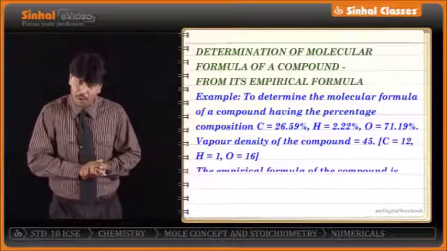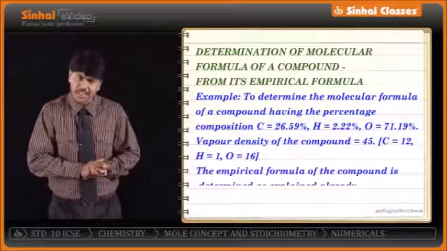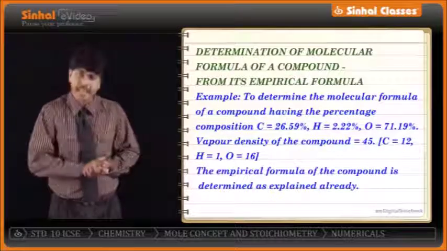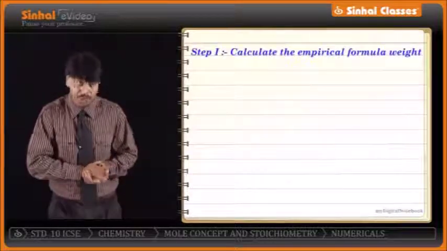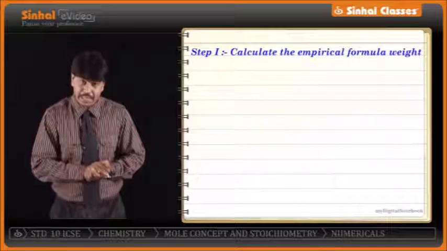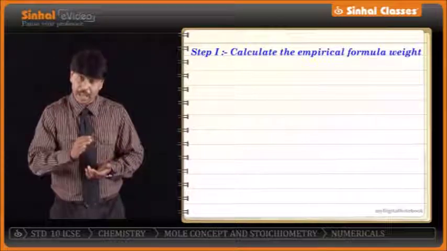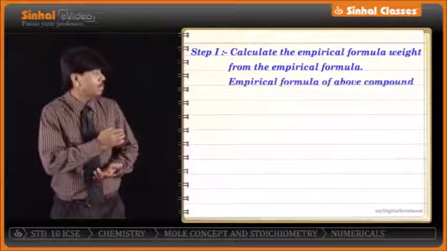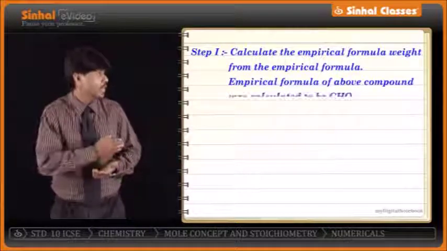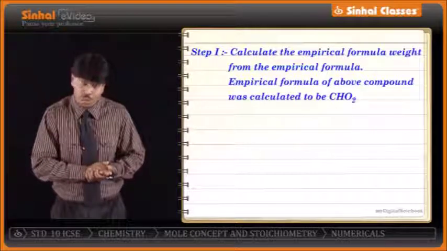The empirical formula of the compound is determined as already explained to you. So, step 1 involves calculating the empirical formula weight from the empirical formula. Empirical formula of the above compound was calculated to be CHO2.